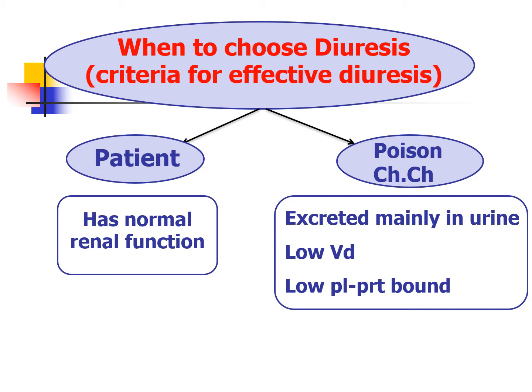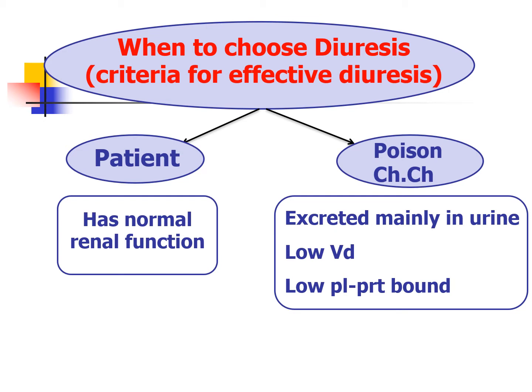There are some criteria for effective diuresis. These criteria include that the patient has normal renal function. This is the most important one because I depend on his normal kidney function to enhance elimination of the poison. Also, there are some criteria that should be present in the poison to be effectively eliminated through diuresis.